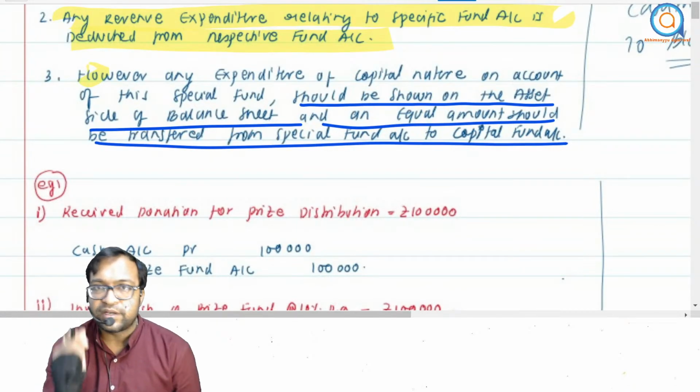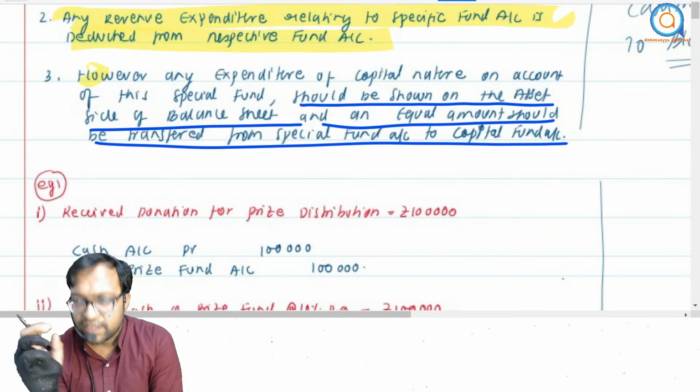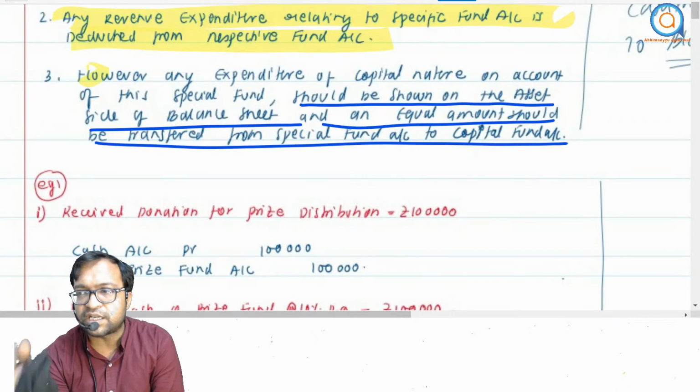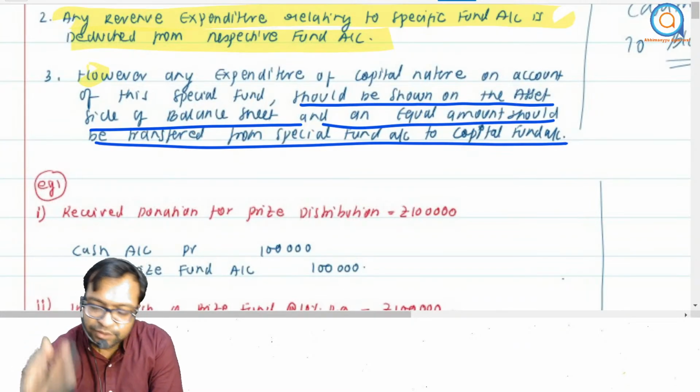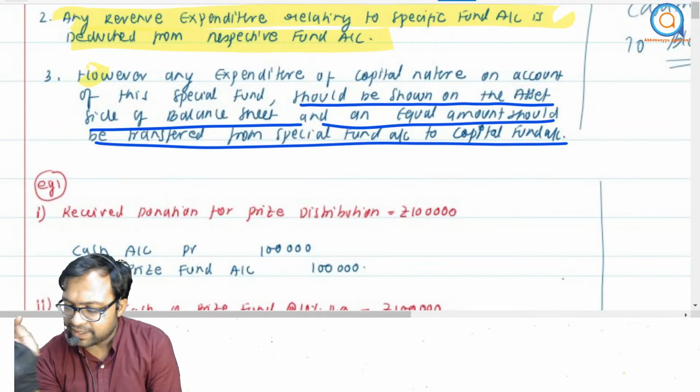Suppose you have a building fund and they have constructed some building during the year. So this building construction will come on the asset side of the balance sheet. A similar amount will be deducted from the building fund and added to the capital fund. Correct? So basically these were the points.